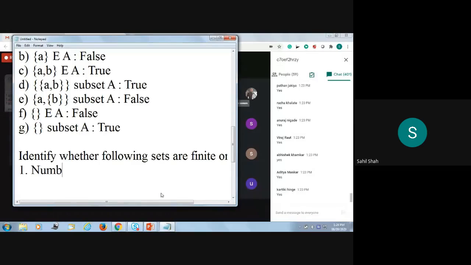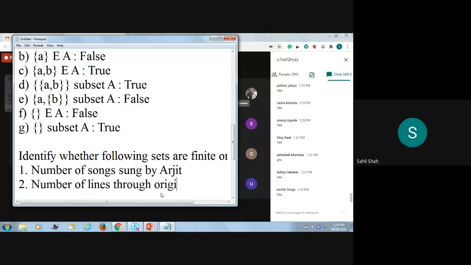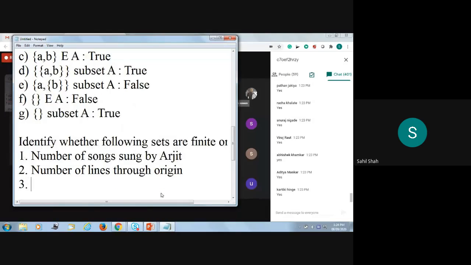Number of songs sung by Arijit Singh. Second, number of lines in origin. Number of books in the world.